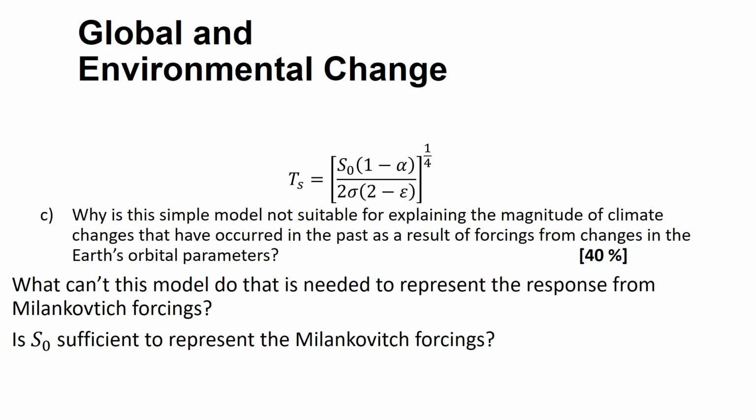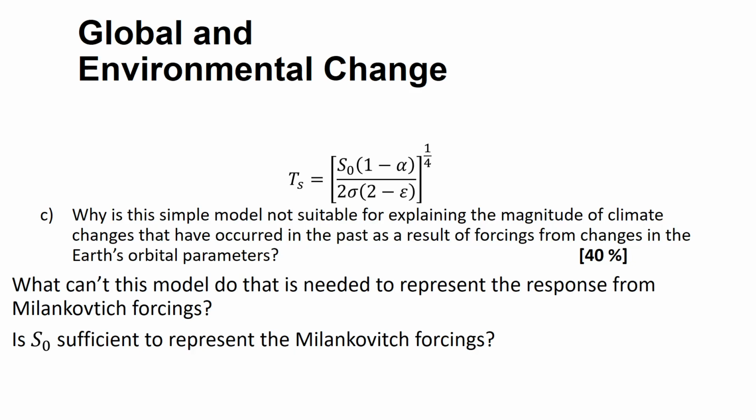And if you think about what's the parameter that's changing as we change the orbit of the planet around the sun, the forcing there, the variable that's changing is the solar flux.